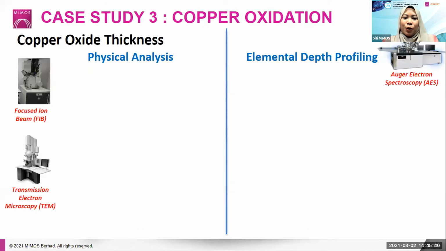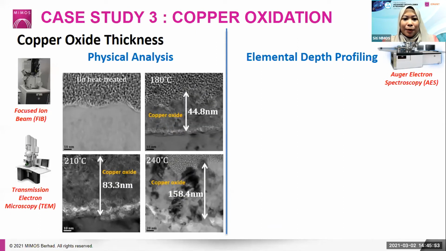Next is the copper oxide thickness measurement. As highlighted earlier, we need to prepare the sample first using focused ion beam, then only can we inspect under TEM. And this is an example of the image that we can obtain from TEM. We can do a precise measurement, and at the same time, we can also observe the interface layer between the copper oxide and the copper substrate.